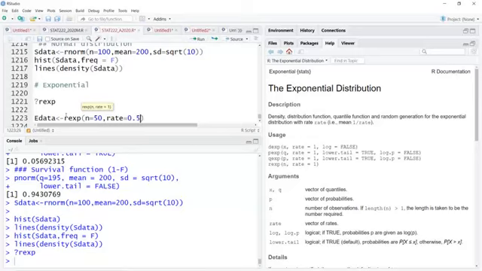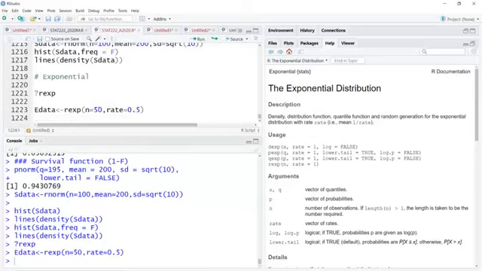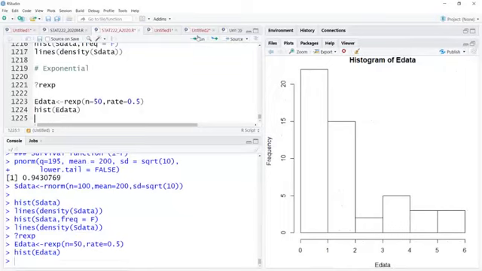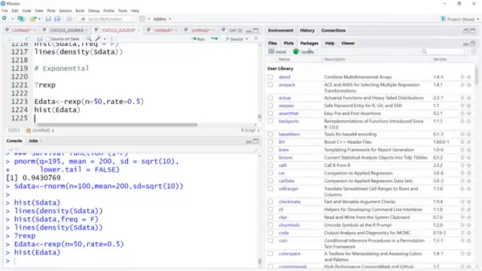Then if I do hist of E data, there it is, and this looks like an exponential curve. If I add the density, you'll see that it goes like that because the exponential curve is tilted to the right. So that's how you simulate observations.